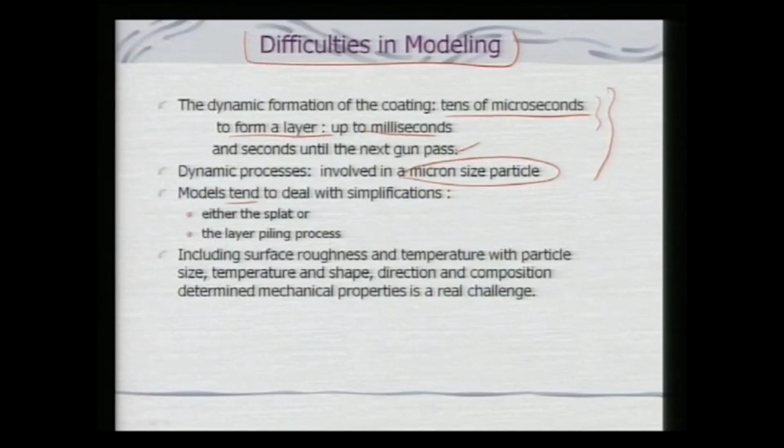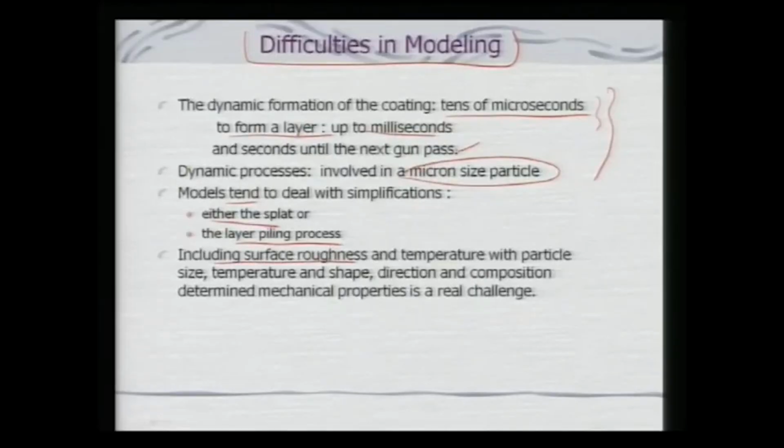So, the model will have to deal with certain simplifications, such as dealing only with the splat, or only with the piling of splats to form a layer, because we are seeing two scales: one is the splat level, the second is the overall microstructure. We have certain lamellae, then they form some columnar structure, and again there is a deposition of all those splats. So, we are talking about 2 or 3 orders of hierarchy in this structure.